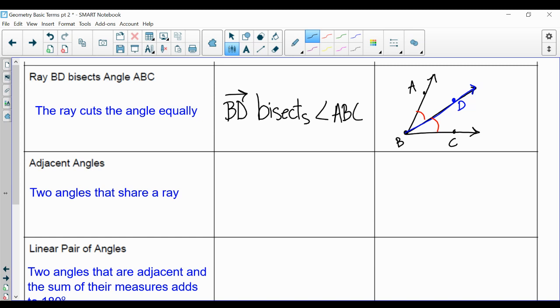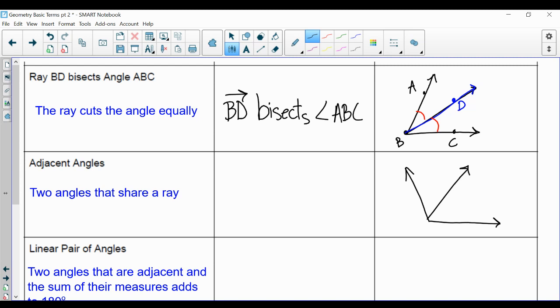And the next one is adjacent angles. Adjacent angles are just when they share a side. So I'm going to draw out two angles. There's one angle. And now I'm going to put a ray in the middle.